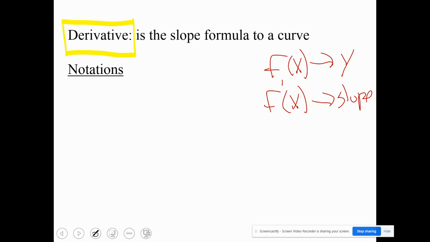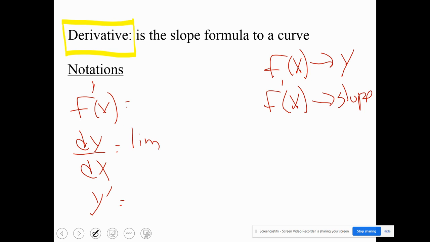How are you going to find that f prime? The notation, you might have an f prime, you might have dy over dx. You might just have y prime. If you're using the prime, that's Sir Isaac Newton. If you're using the dy over dx, that's Gottfried Leibniz.